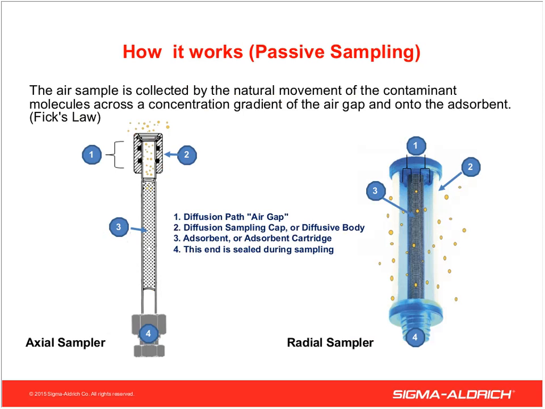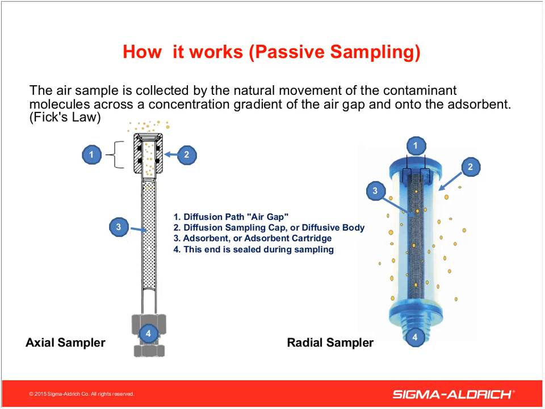So how does it work? The air sample is collected by the natural movement of the contaminant molecules across a concentration gradient of the air gap of the design of the sampler and the adsorbent inside. The axial sampler on the left has a nominal sampling flow rate of 0.5 mils per minute, and the radial sampler on the right has a nominal sampling rate of 25 mils per minute.